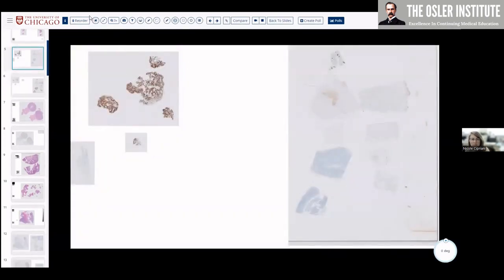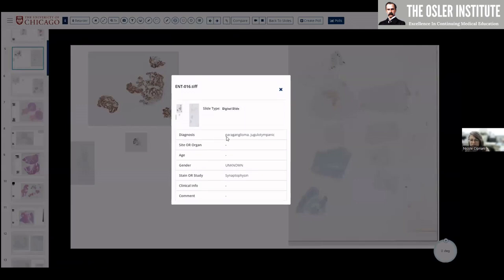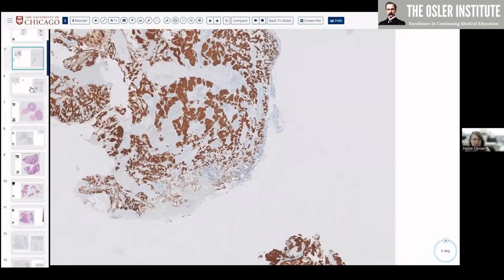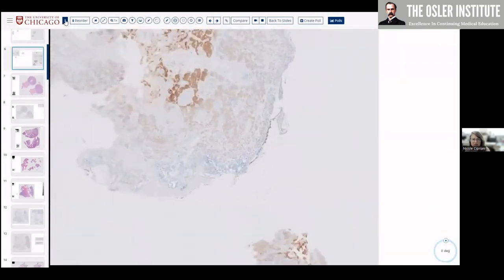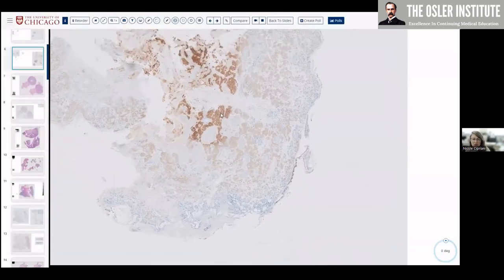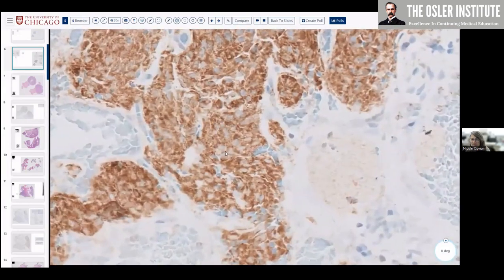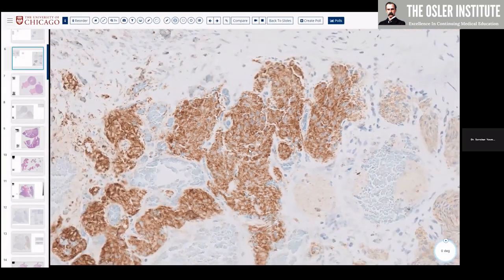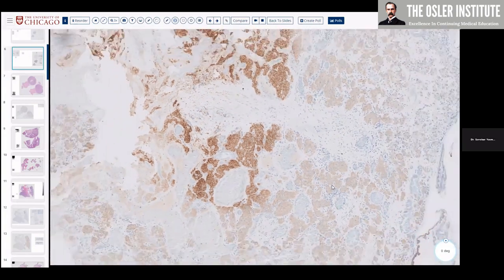And so what are our immunostains here? So we've got synaptophysin, which should be positive, and we've got SDH. So tell me why I'm thinking about succinate dehydrogenase. Why do I order this? For the syndrome, SDH deficient.